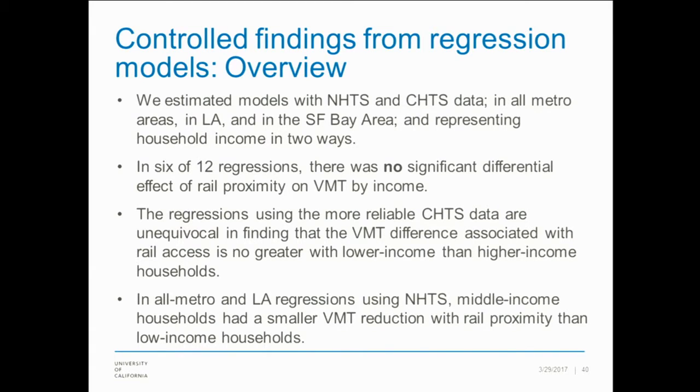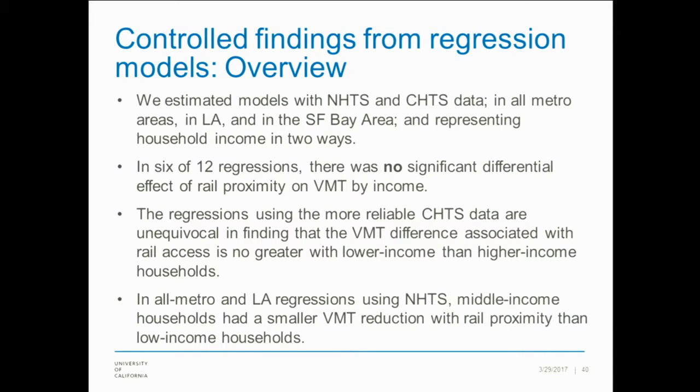The main meaning is that the preponderance of the evidence suggests that a pattern of one-to-one displacement is unlikely to increase VMT. In two of the regression results, in Los Angeles and in metropolitan areas across the country, there is evidence that if middle-income households displaced lower-income households, there could be a VMT increase.